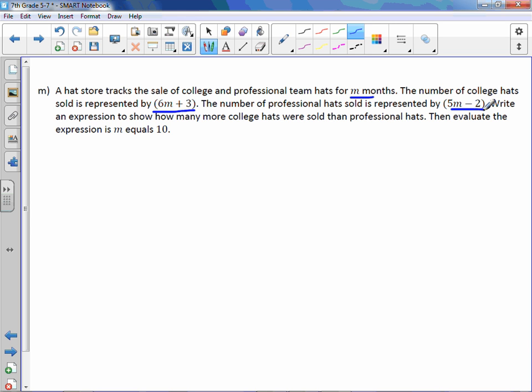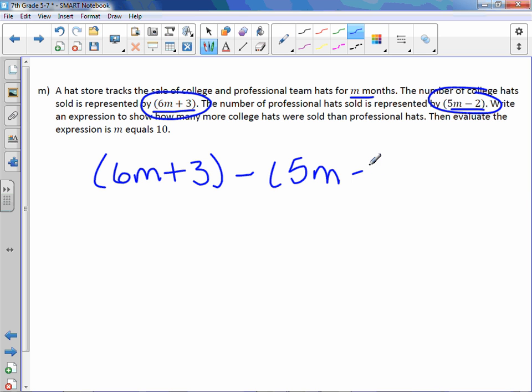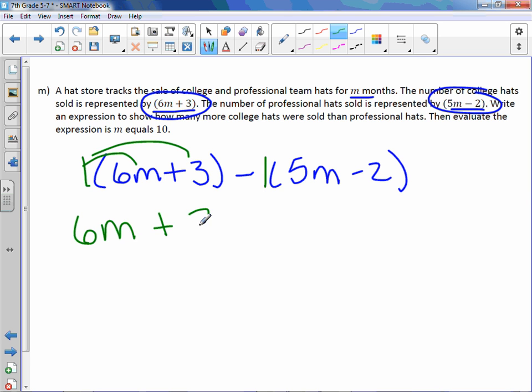So we're going to take our college hats, which is 6M plus 3, and subtract the professional hats, which is 5M minus 2. Remember, they're invisible ones, so let's distribute. The first one, we get 6M plus 3. Here we're distributing negative 1. Negative 1 times 5M is negative 5M. And negative 1 times negative 2 is positive 2.